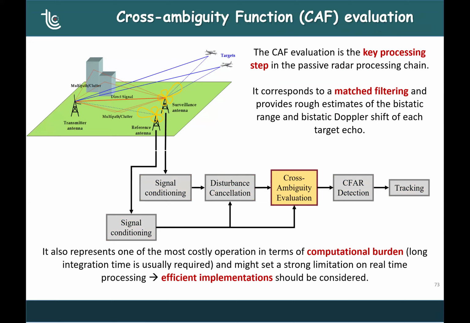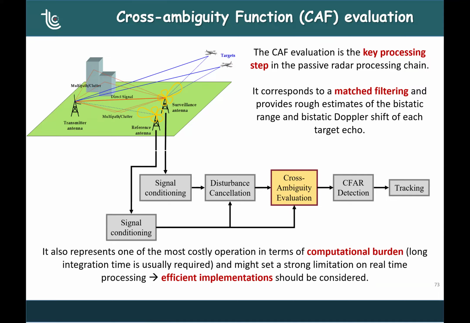So let's see the cross ambiguity function evaluation. The cross ambiguity is between the surveillance signal received in the surveillance channel and the reference signal.